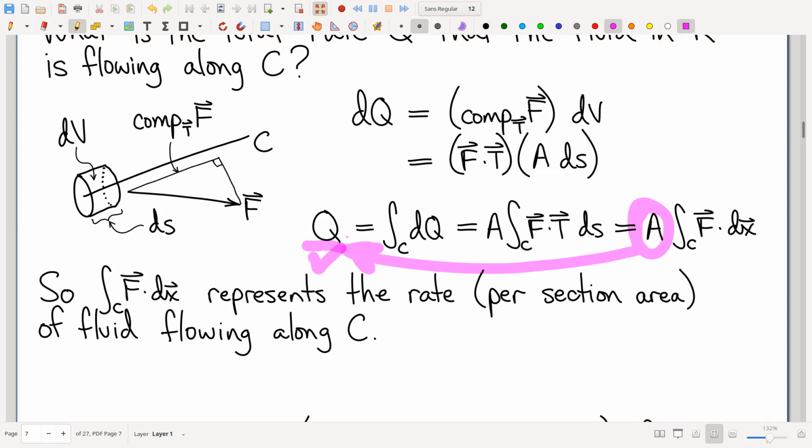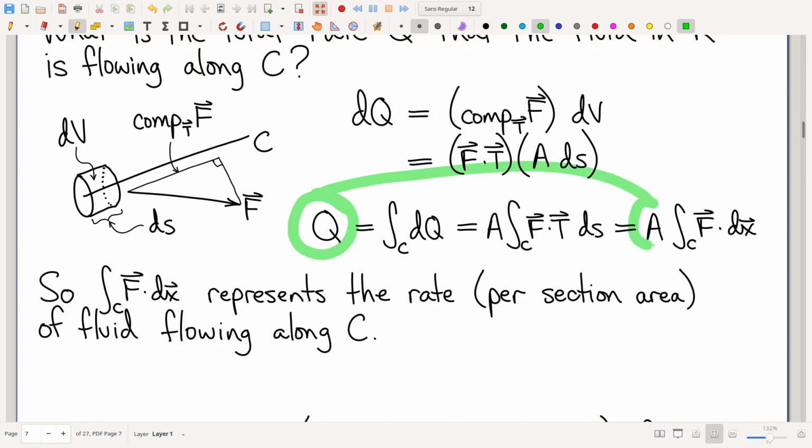And having done that, the answer to the question then is, how much fluid is flowing along the curve per unit area? Oh, well, then the answer is the vector line integral. And as promised, we now have an answer to the question of what does that vector line integral represent?